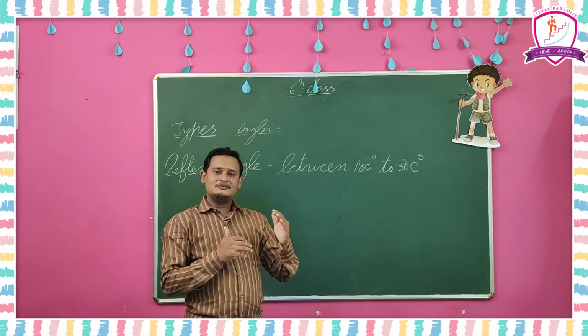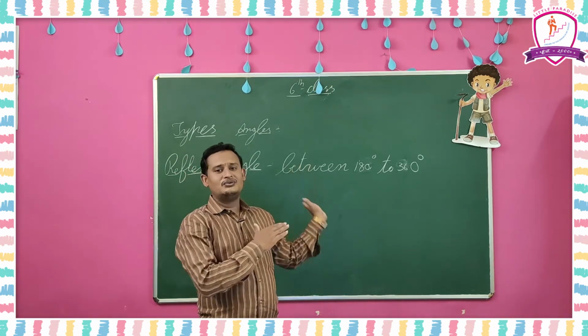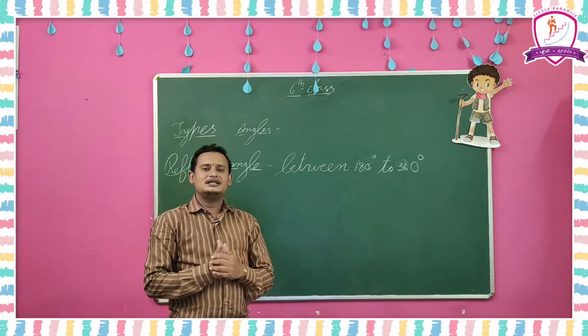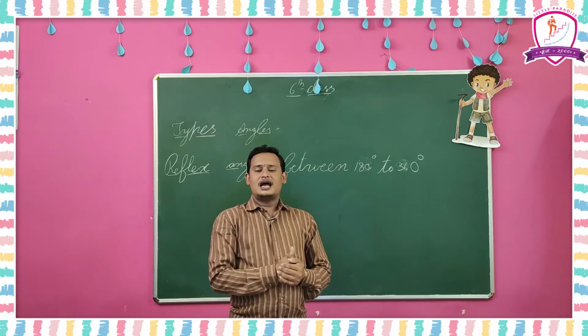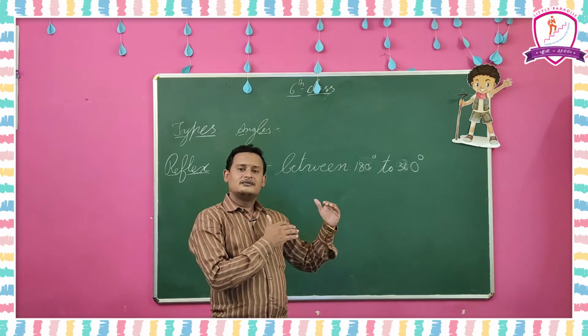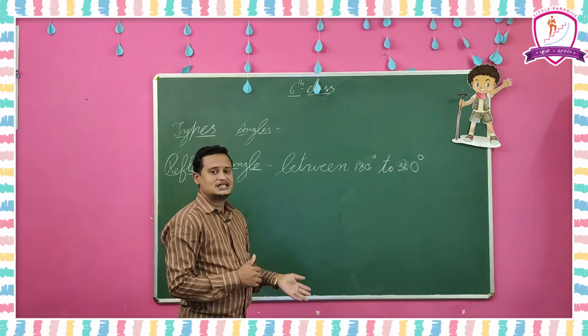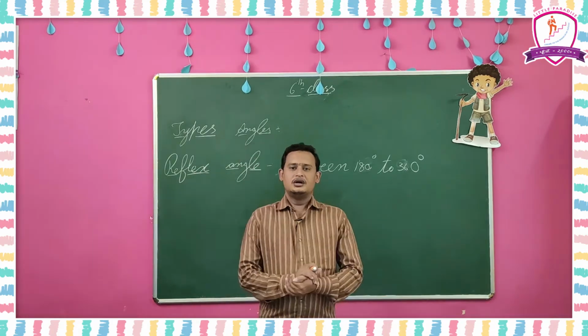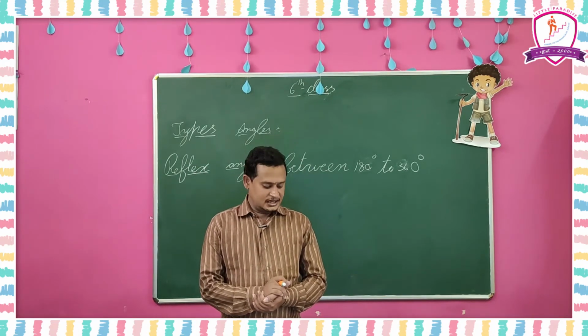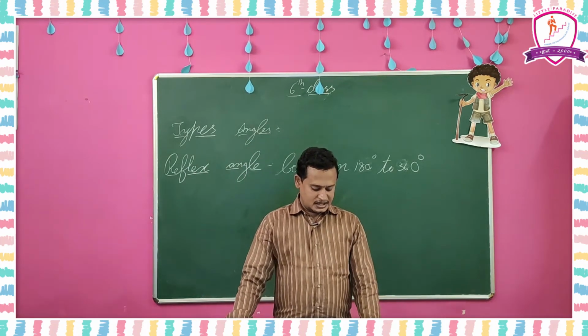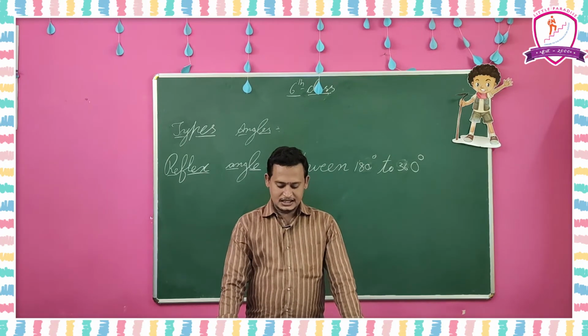The angle measured in between 90 and 180 is called an obtuse angle. An angle measured between 180 and 360 degrees is called a reflex angle. These 6 types of angles are there. Understood? Using these types of angles, some examples are given on page numbers 78 and 79.